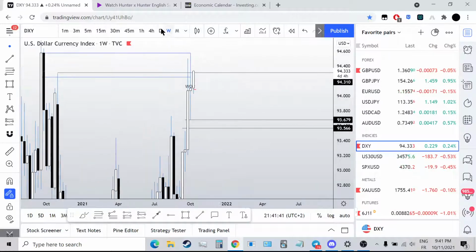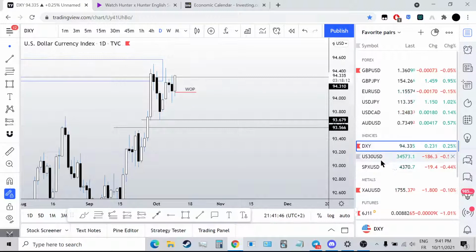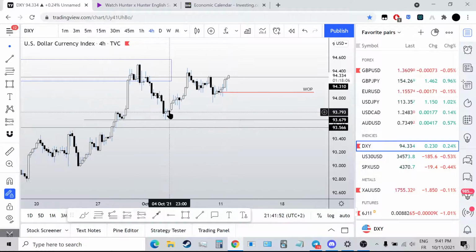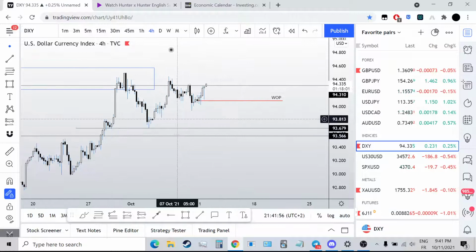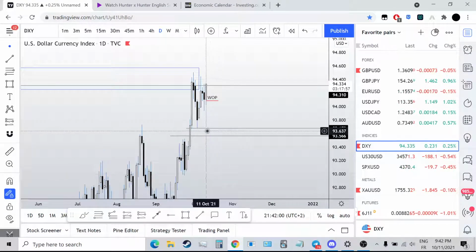I don't know. We'll see what happens tomorrow for GU. Let me see, 4-hour, weekly open price here, imbalance inside of here. This would be a nice area to buy at if price does come down right down here.